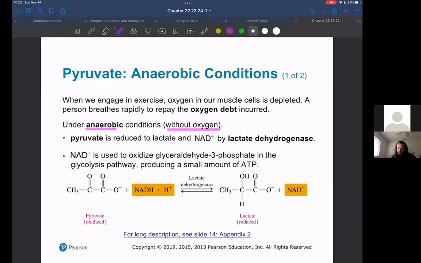That requires an input of energy in the form of NADH. So we actually lose one of the NADH molecules that we generated in glycolysis if we have to get rid of pyruvate under anaerobic conditions.